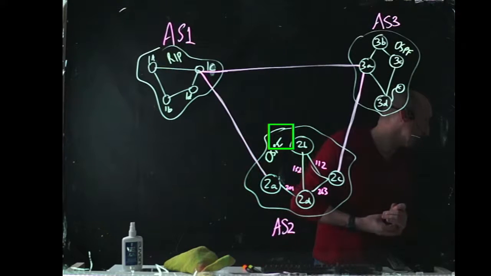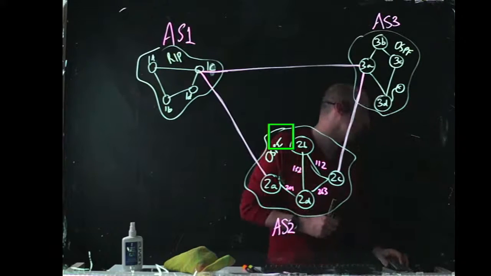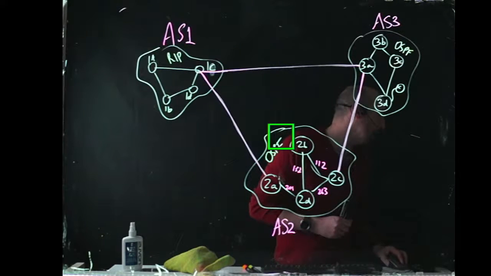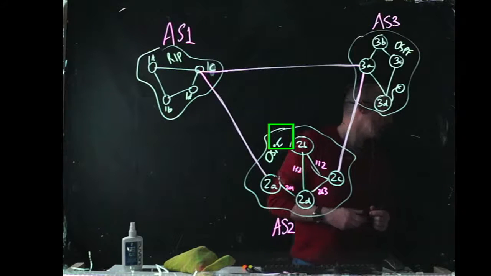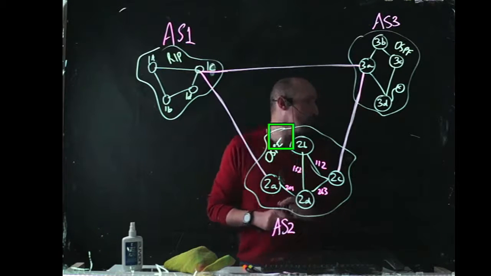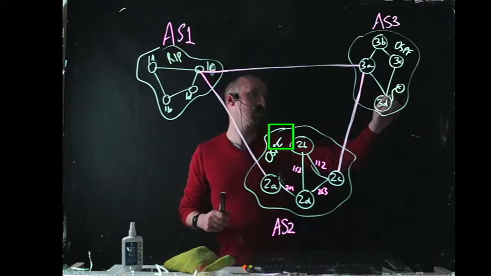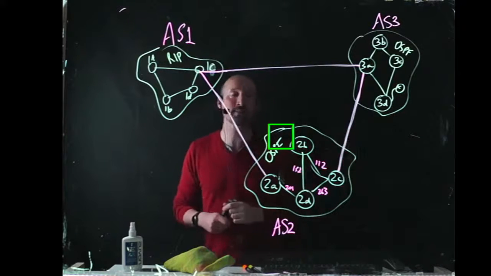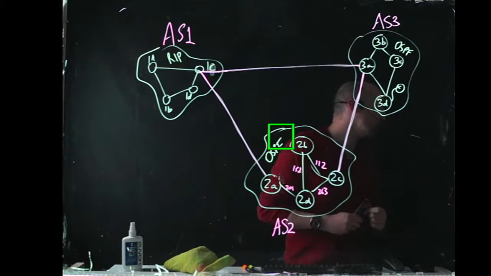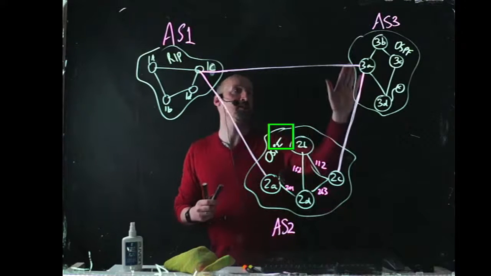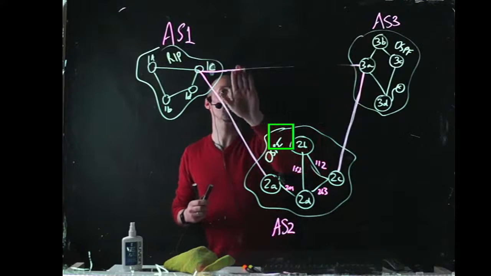So let's imagine now X has just joined here, and we'll imagine that 3C or 3D down here has just learnt about X. We'll assume initially there's no connection here, so we'll just break this connection at the start.